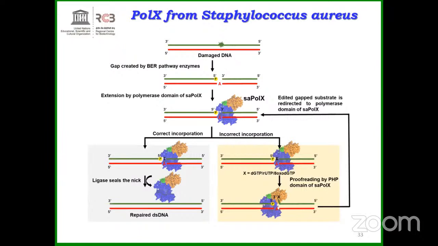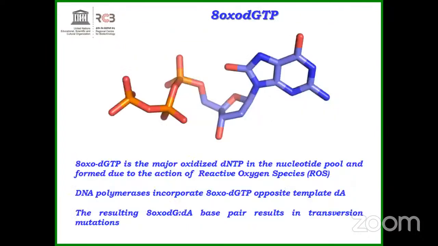Even though the Watson-Crick base pairing rules might be satisfied, if it is an rNTP, the proofreading activity can remove that also. This is how the proofreading activity can contribute to preventing ribonucleotide incorporation, by removing rNTPs.